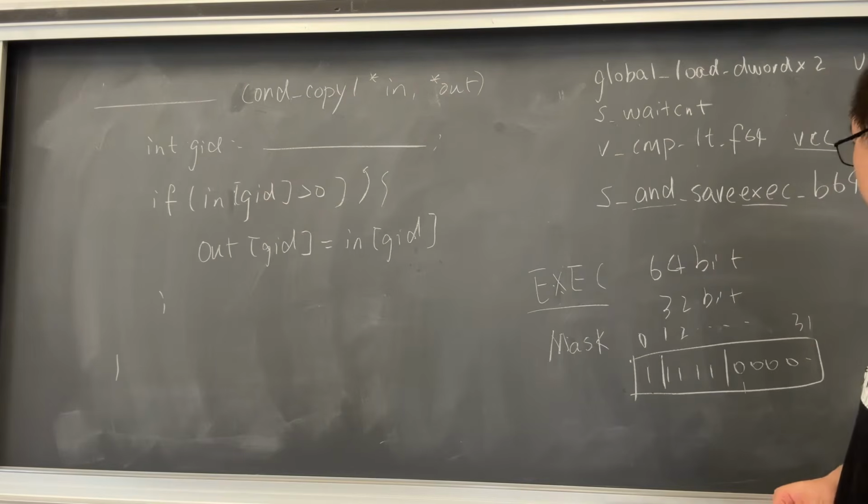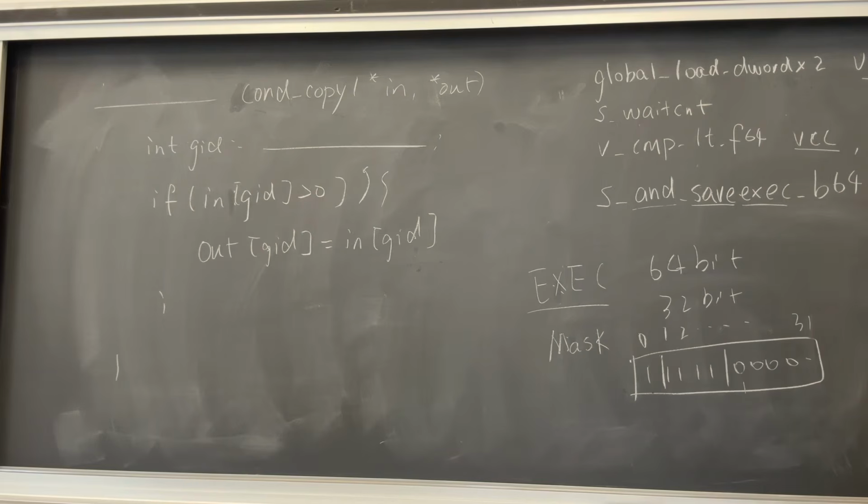In this case, we're saving the execution mask temporarily into S45, and there's an AND operation: the current execution mask will do an AND with VCC. Why we do AND is basically just consider nested if.